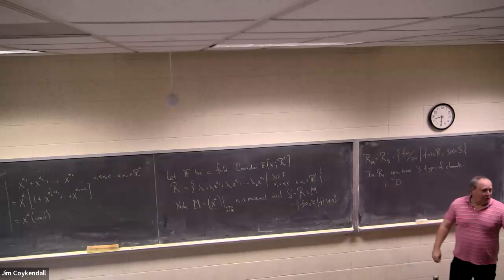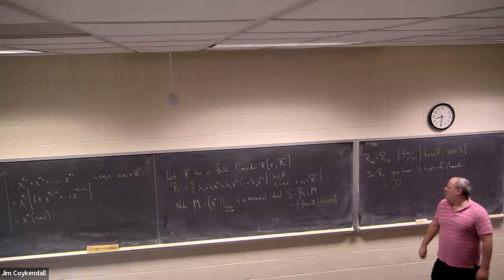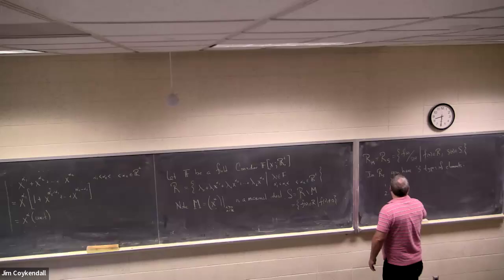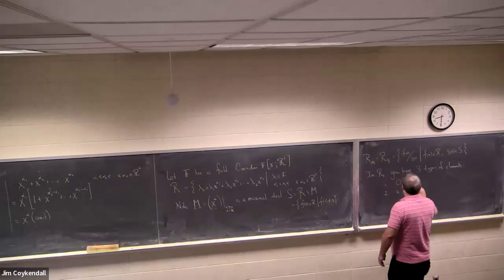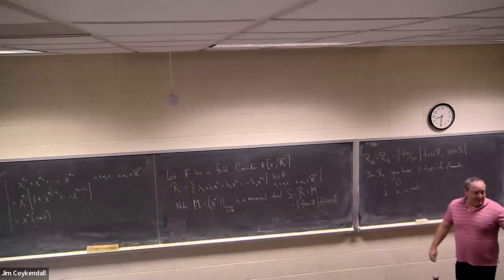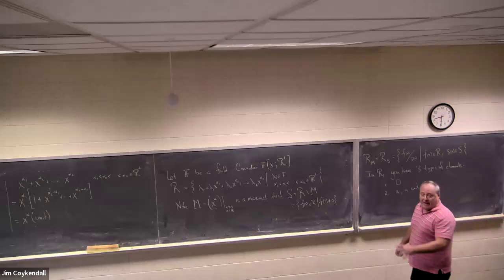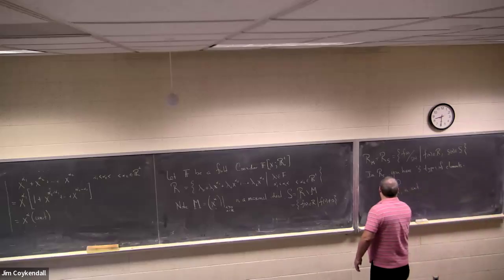Zero, there's one of them. A unit, that's another type of element you have. And everything else that's not a unit looks like this.